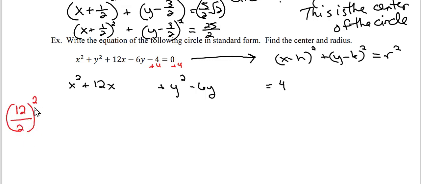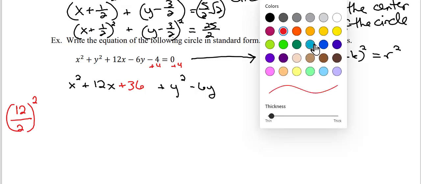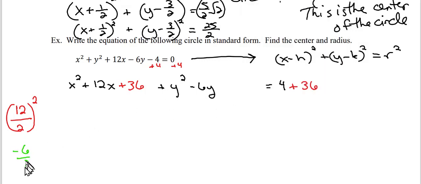That's 6 squared, or 36. If I add 36 to the left side of the equation, I have to add it to the right side of the equation. Now let's complete the square on the y terms. -6/2 squared is -3 squared, or 9. Plus 9, plus 9.